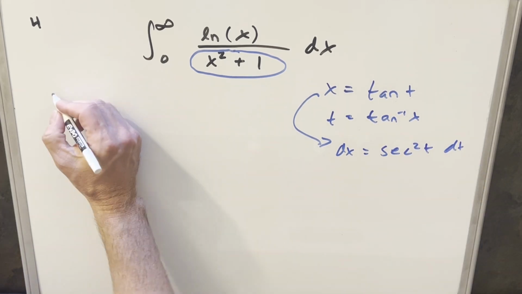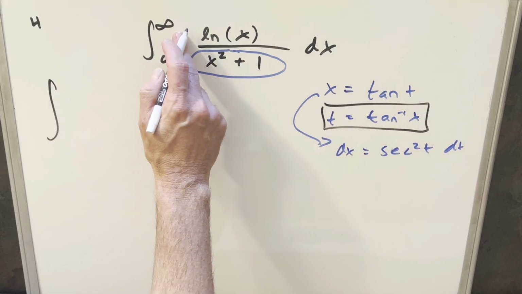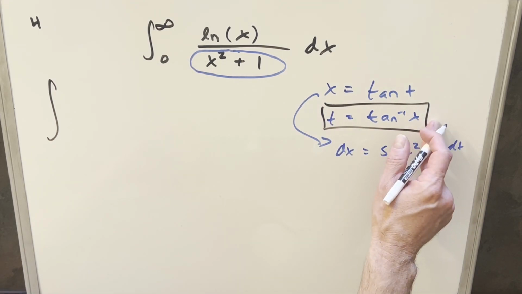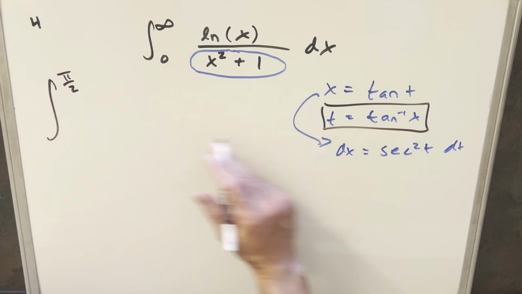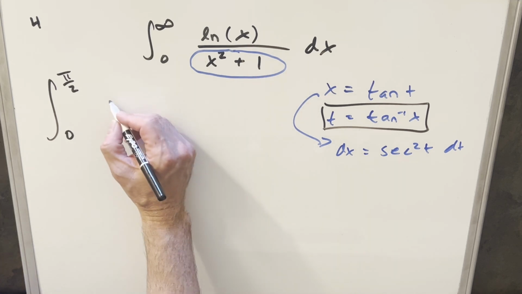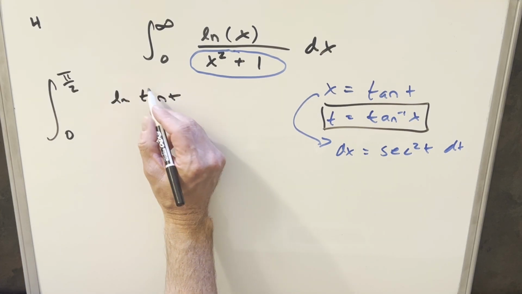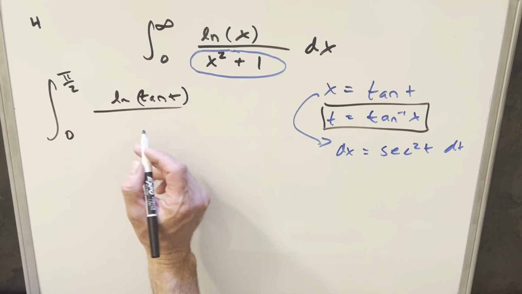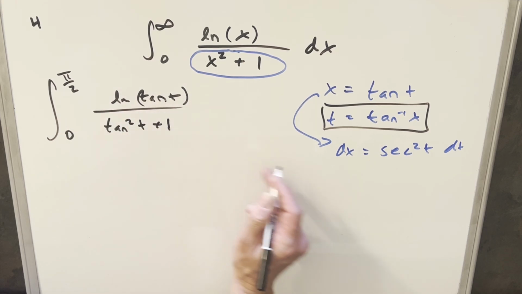So we'll go ahead with this first. Let's update our bounds using this one in the middle. At infinity, arctan is pi over 2 for the upper bound, and for 0, arctan of 0 is just 0. Then the numerator becomes ln of tan t, and the denominator becomes tan squared t plus 1, and then we have our dx.